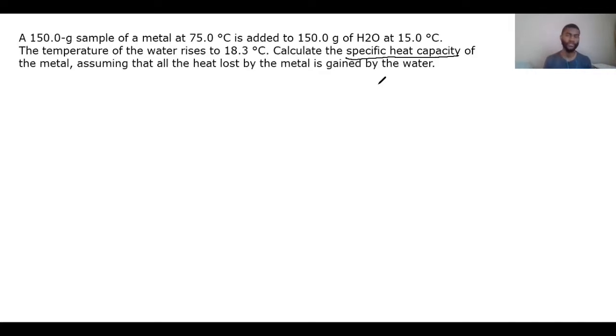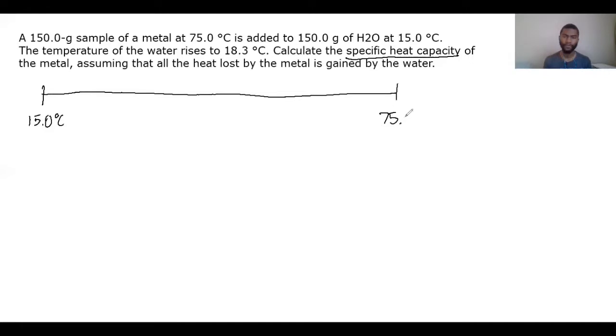All right, so I'm going to do two things before we jump into the problem, just to help us get an understanding of what we're dealing with. So I'm going to draw this diagram here. I like to do this because it helps me to keep my information straight. So we've got the water here, beginning this exchange of heat at 15 degrees Celsius.